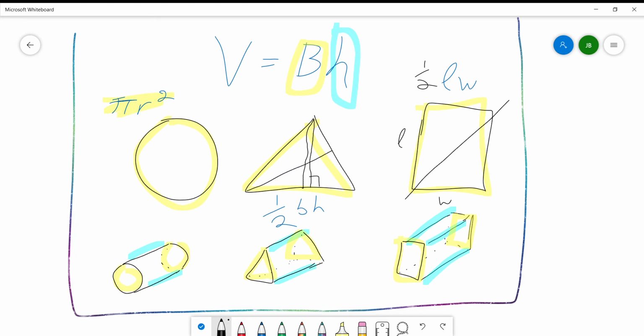Or if I was using this side, it would be this base times this height. It doesn't matter which one you use as your base and which one as your height, because all that matters is it'll always work out to this. So pick one side as your base, and then draw a straight line up to the corner farthest away from that base, and that's your height.